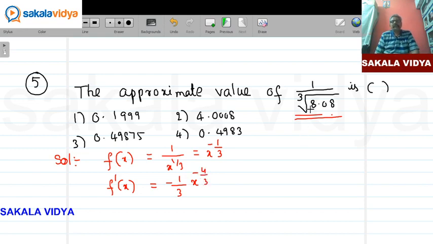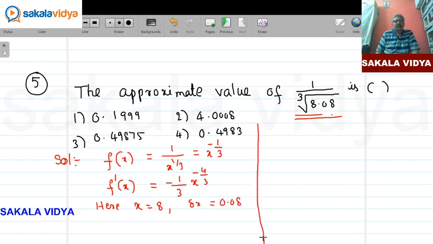Here very clear. So, the nearest cube root that we can find to 8 only, 0.08 is the increment. So that means here x equals 8 and delta x becomes 0.08.